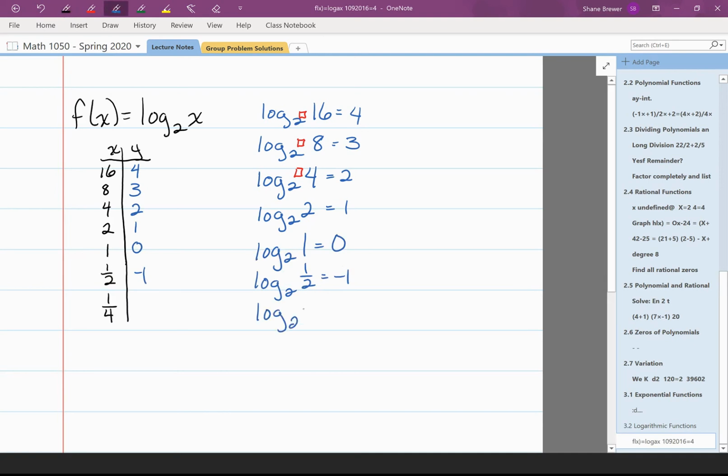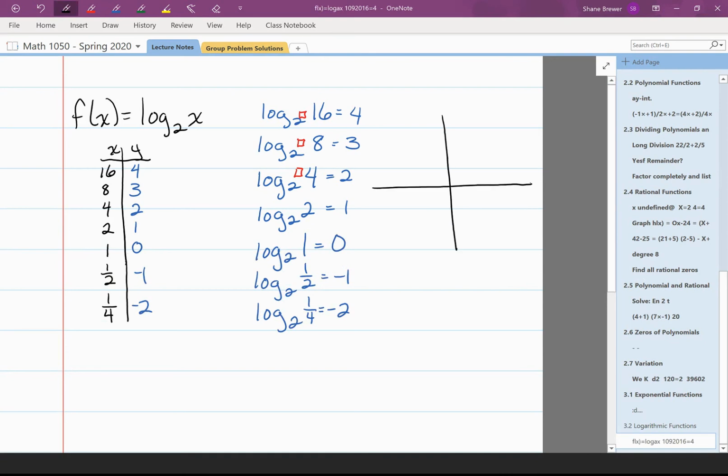Log base 2 of 1/4 is -2. And so I could keep going, 1/8, 1/16. Those are all my powers of 2. If I choose those as my values, I can easily calculate it in my head, and then I can graph it. That's the whole reason we were doing this, so that we could graph this.